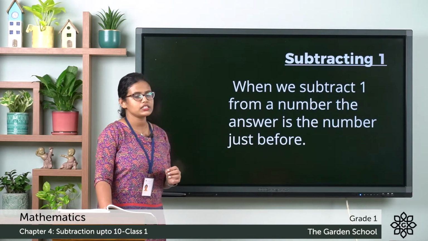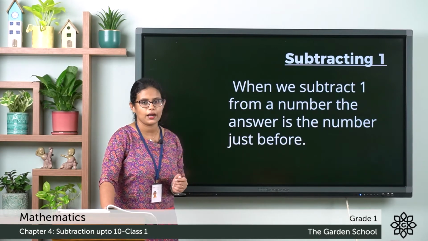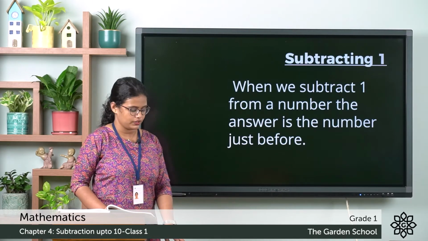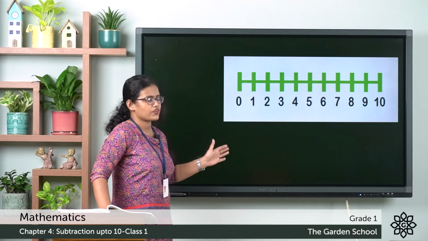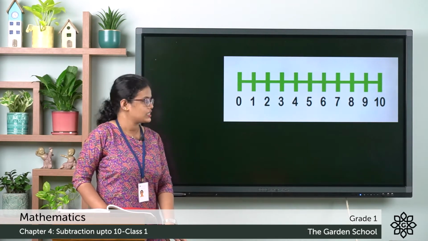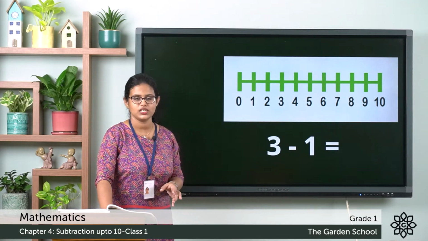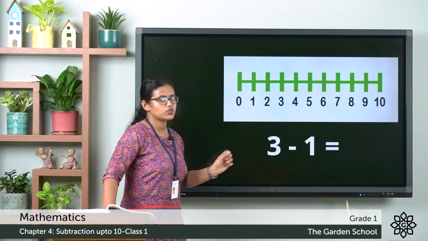So now let's see subtracting 1. When we subtract 1 from a number, the answer is the number just before. So let me show you one example. Here you can see a number line, numbers from 0 to 10. So see the question, 3 minus 1. So here you need to take away 1 from 3.